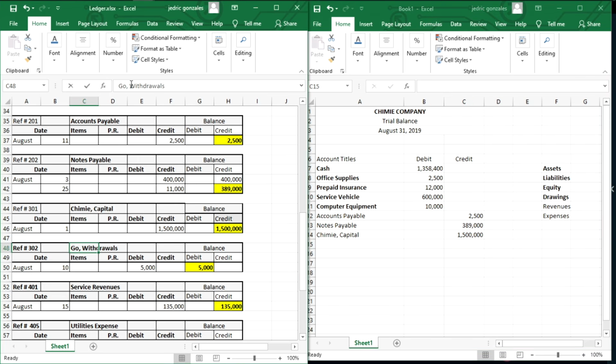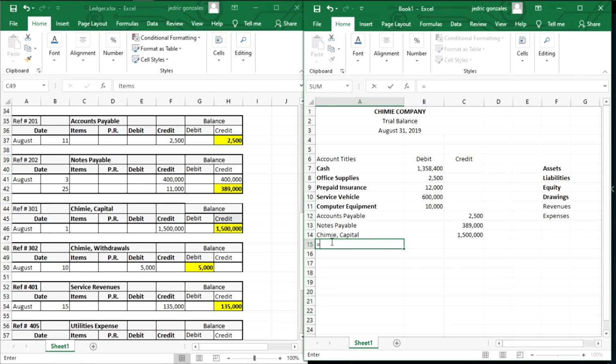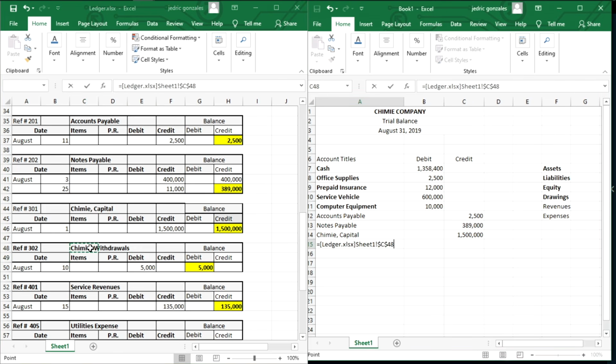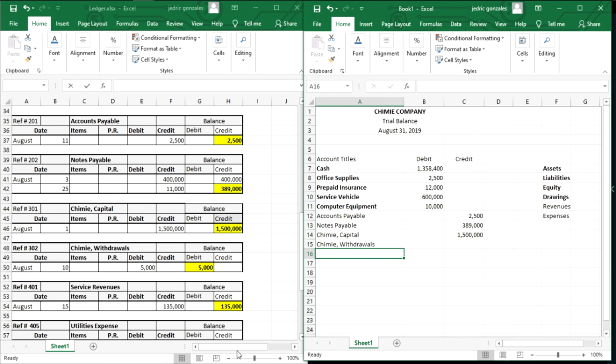Okay, sorry, palitan lang natin to ng Chimi. Right. So, let's just transfer that, withdrawals. And then the normal balance of withdrawals is on the debit side. Let's just transfer the account balance. 5,000. Tapos na natin lahat ng nasa balance sheet.